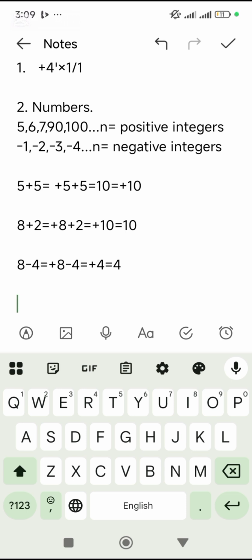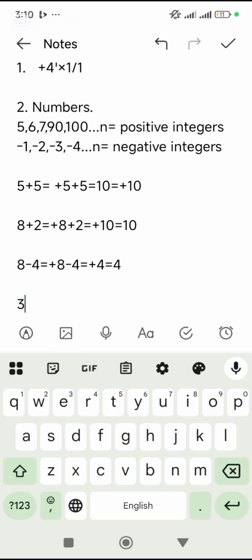Now there are cases where these signs indicated on numbers begin to influence how they behave. Let me explain that.